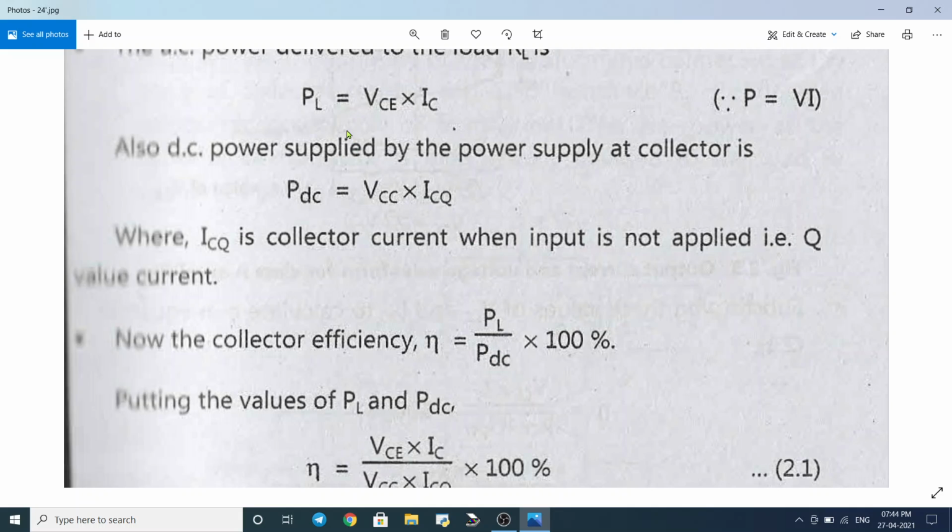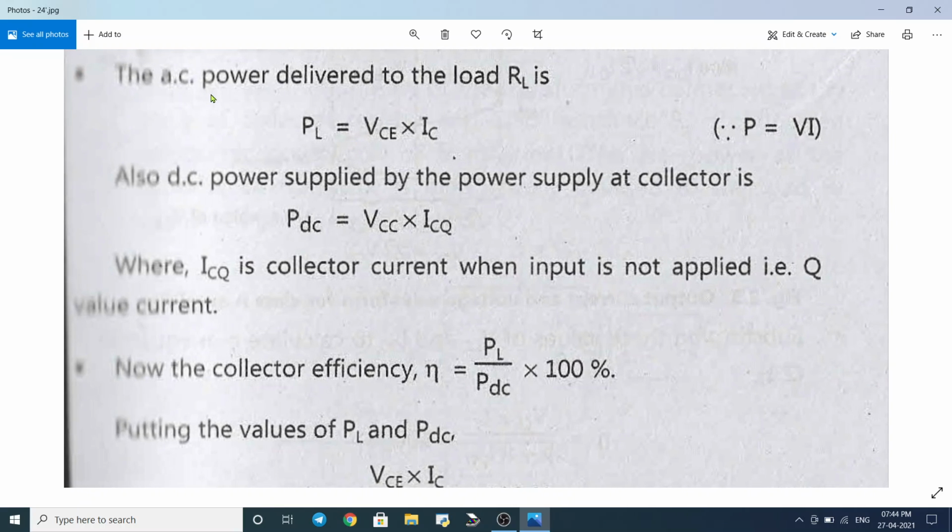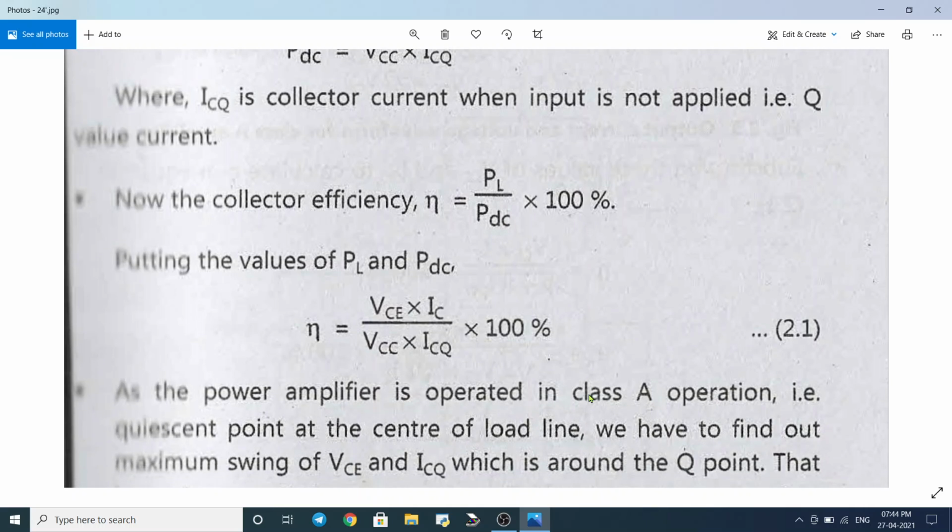PL is the AC power delivered to the load, and PDC is the DC power supplied by the power supply. So eta equals PL upon PDC into 100%. Substituting the values, we have eta equals VCE into IC, that is the value of PL, the AC power delivered to the load, upon VCC into ICQ, the DC power supplied by the source, into 100%.